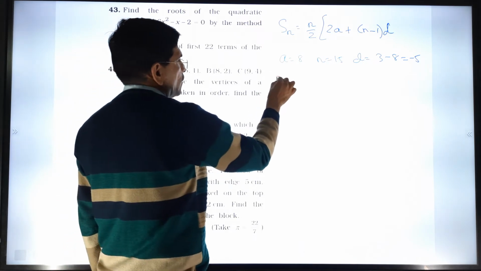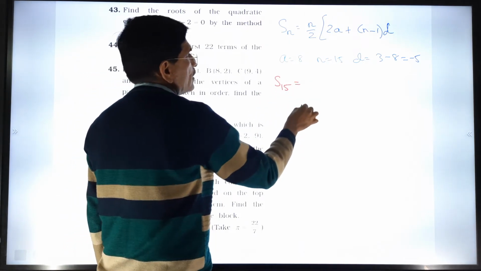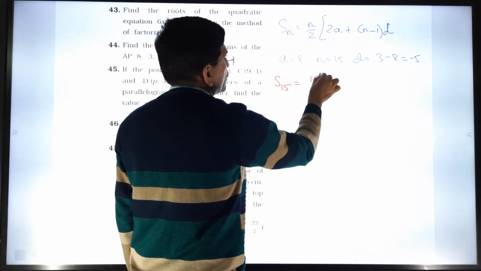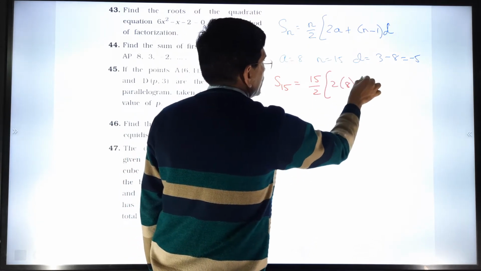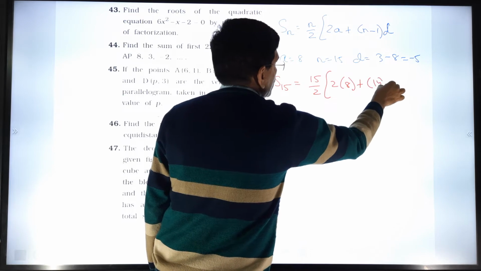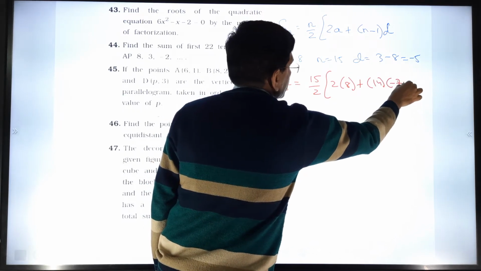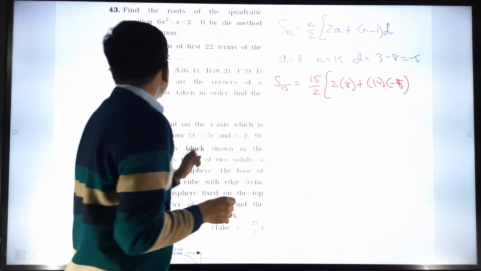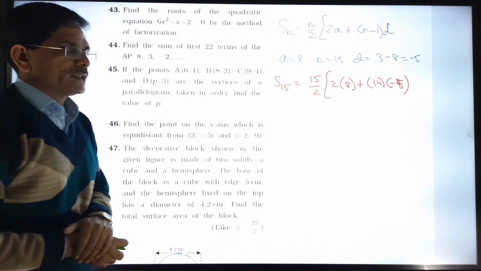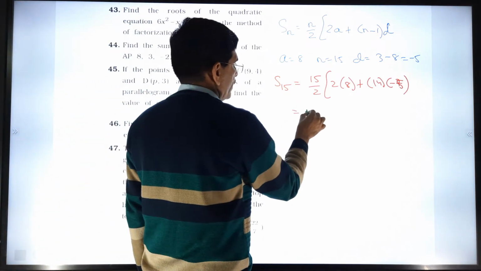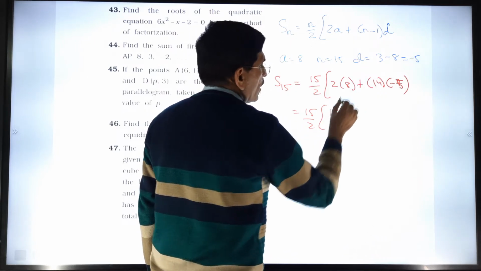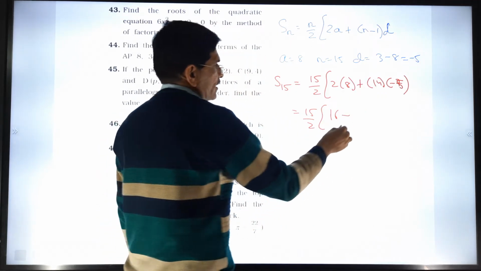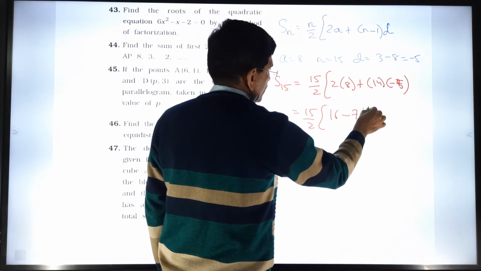Now S15 is 15 upon 2, in bracket 2 into 8 plus 14 into minus 5, because 3 minus 8 is minus 5. Now 15 by 2, 16, and 14 times 5 is 70. Here I have to write minus 70.